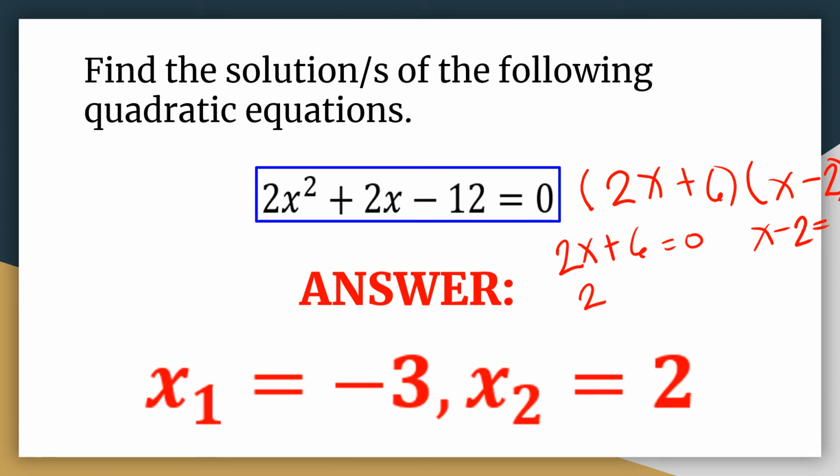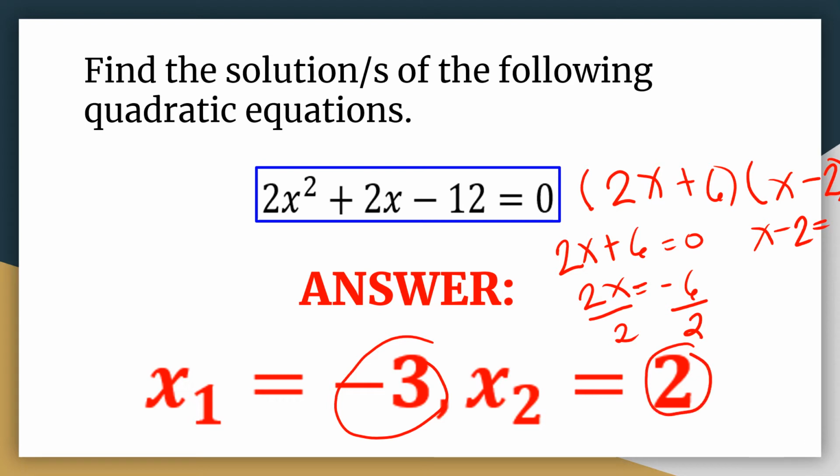So 2x equals negative 6. Dividing both sides by 2, the value of x is negative 3 and positive 2. So we need to get the roots for the next slides also.